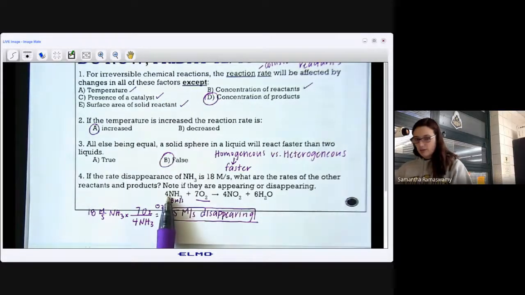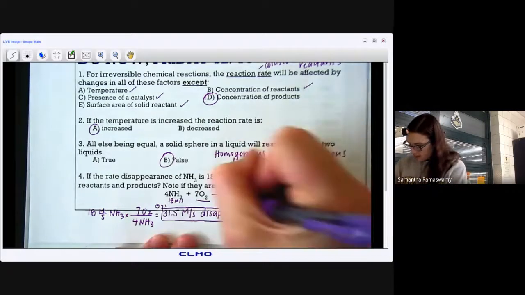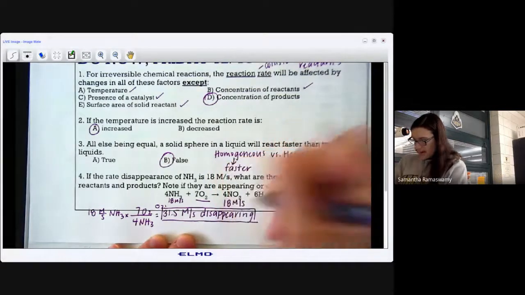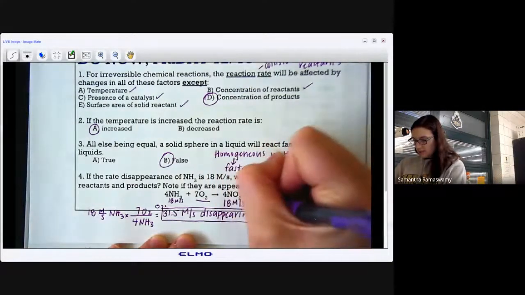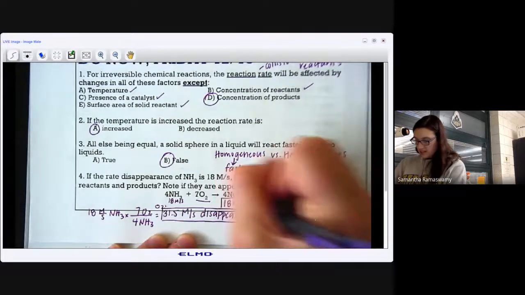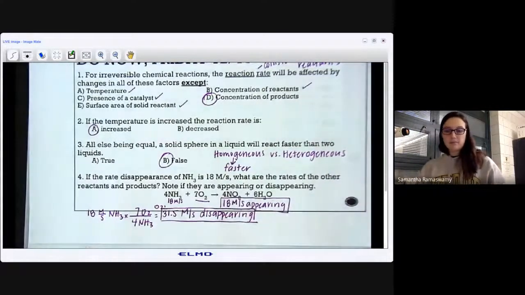NH3 has a coefficient of 4, NO2 has a coefficient of 4. Same coefficient, same rate. So NO2 has a rate of 18 molar per second, but this is appearing because it's a product. Products appear, reactants disappear.